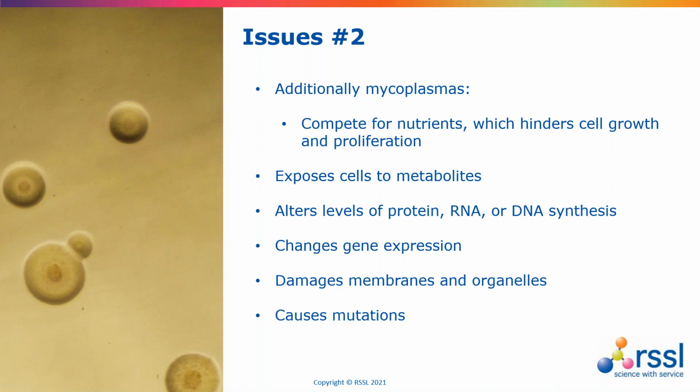Through their metabolic action, they can also expose cells to unwanted metabolites. They can alter the levels of protein or interfere with RNA or DNA synthesis. They can also change gene expression, cell signaling, and cell morphology.